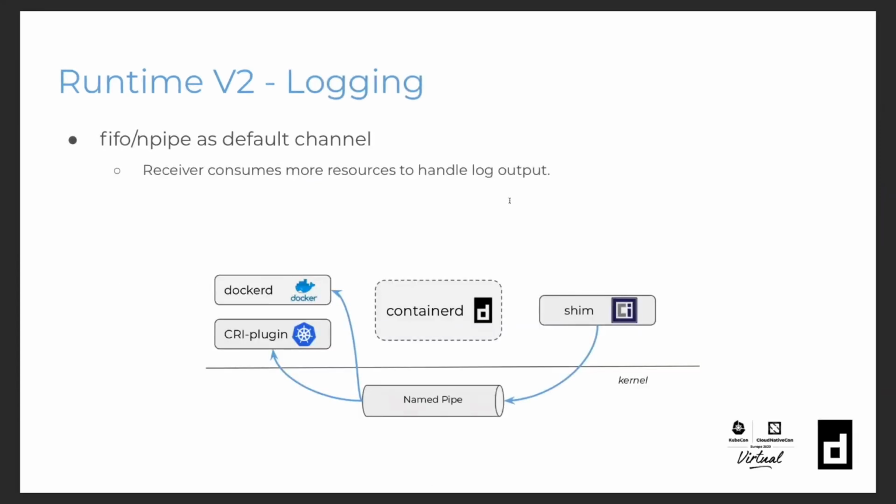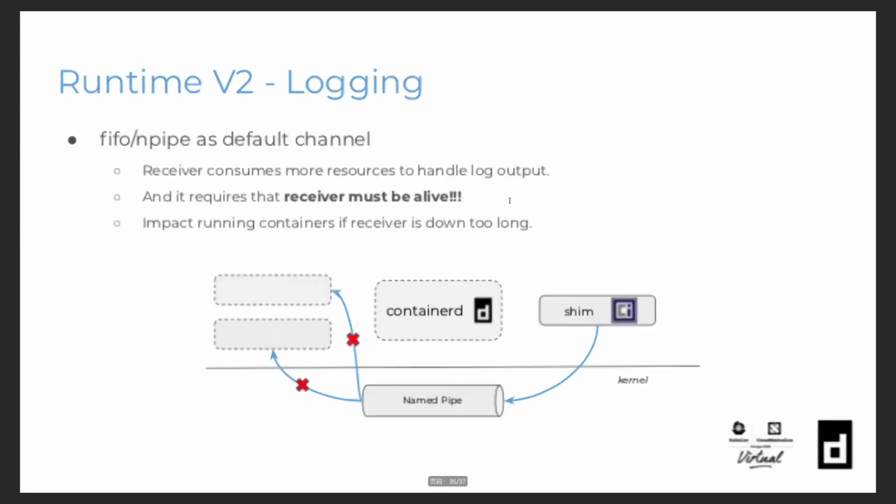And we know the Kubernetes shim right now uses the named pipe as the default channel to export the container's output to the receiver, like Docker and the CRI plugin. But it requires the receiver to be alive. If the receiver is down for some reason, and the container is still running and still outputting logging data, the named pipe will be blocked, and then it impacts the running container.